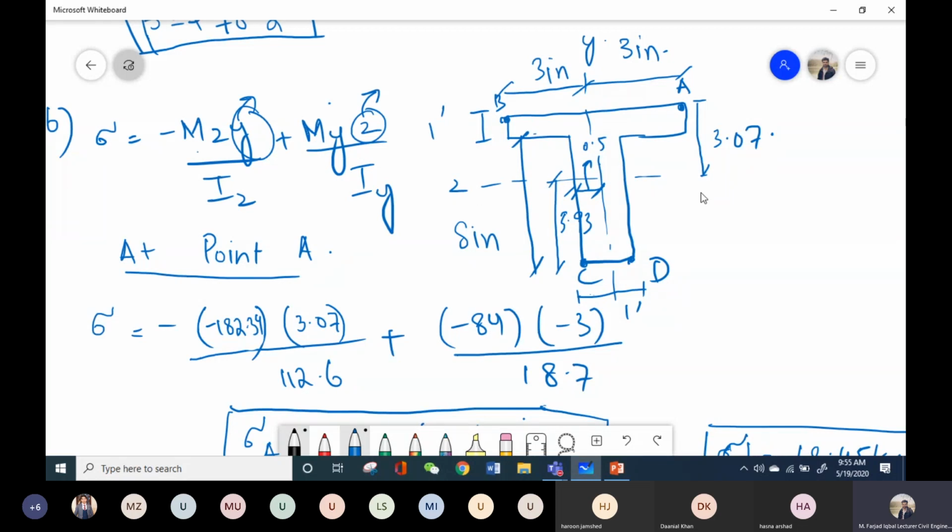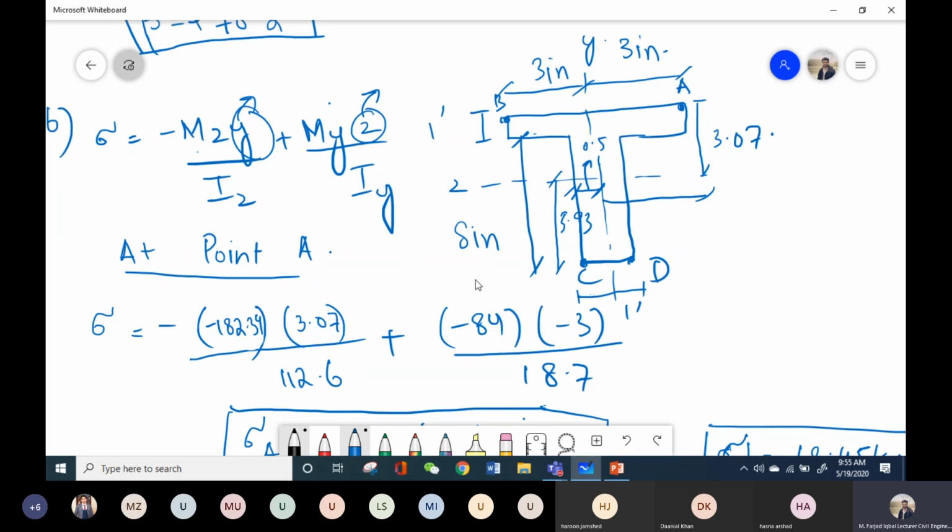So y distance is 3.07 and it is in the positive y-axis, so I will take it as positive. But now look at the z distance. The z distance is in the negative z quadrant, because my positive direction is towards the left, so that's why I have put the negative sign with the z distance.